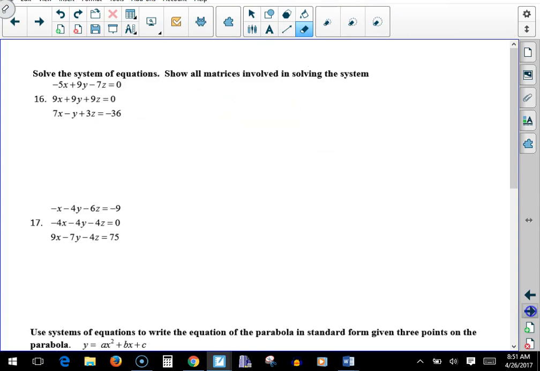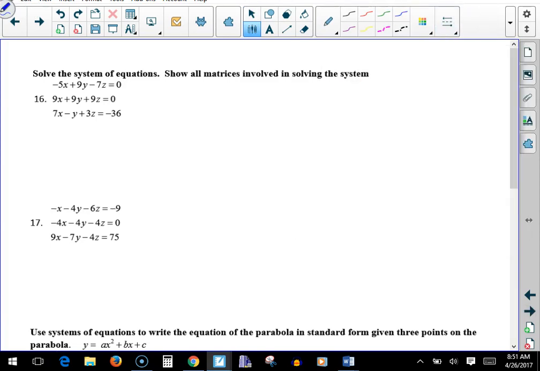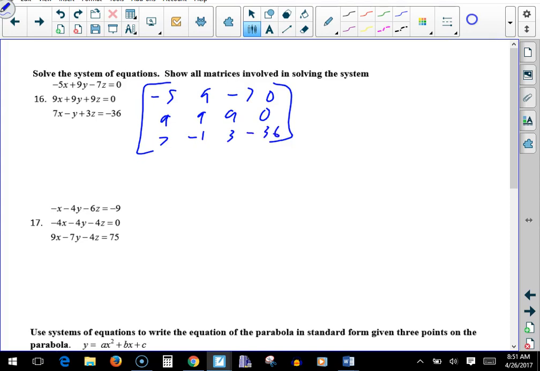If you get it wrong, it's all wrong at that point. If you want partial credit, based on doing it mainly right, I need to see your setup, your augmented matrix in the instructive directions. So -5, 9, -7, 0. I need to see this. 9, 9, 9, 0. 7, -1, 3, -36.